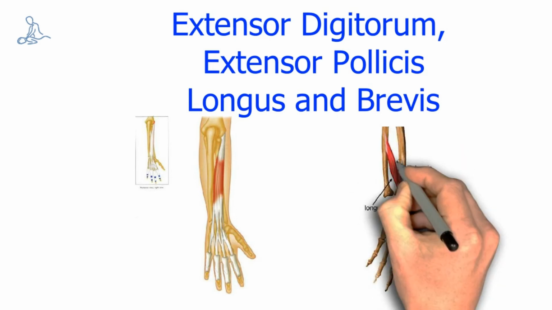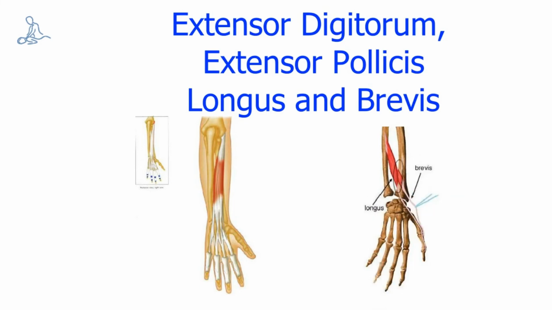The insertion of the finger extensors is posterior fingers 2 to 5 and distal thumb. The action of the finger extensors is to extend fingers and thumb and abduct the fingers.